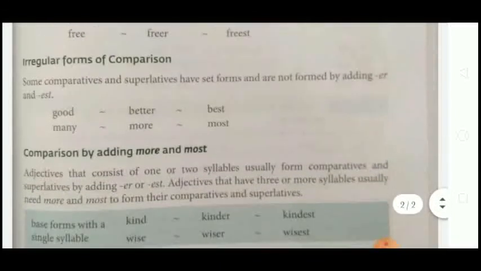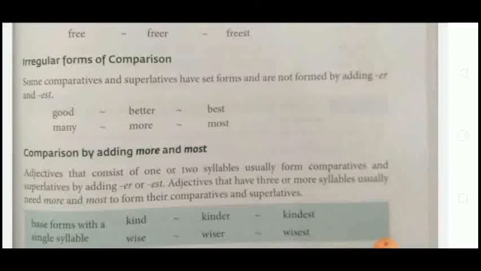Now, comparisons by adding more and most. Adjectives that consist of one or two syllables form the comparative and superlative by adding er and est. Adjectives that have three or more syllables usually need more and most to form their comparative and superlative forms.